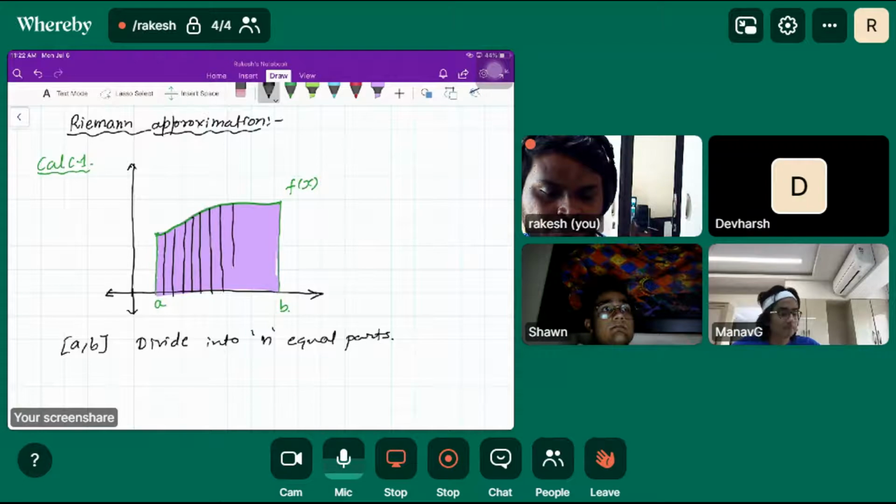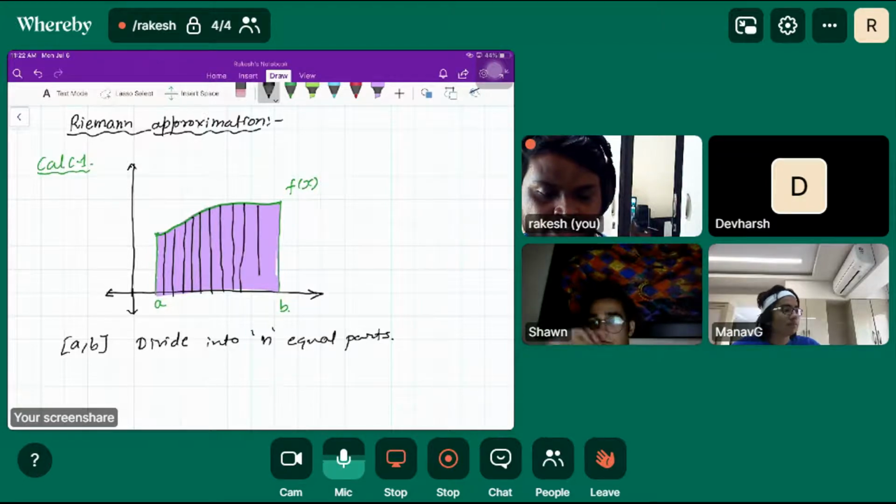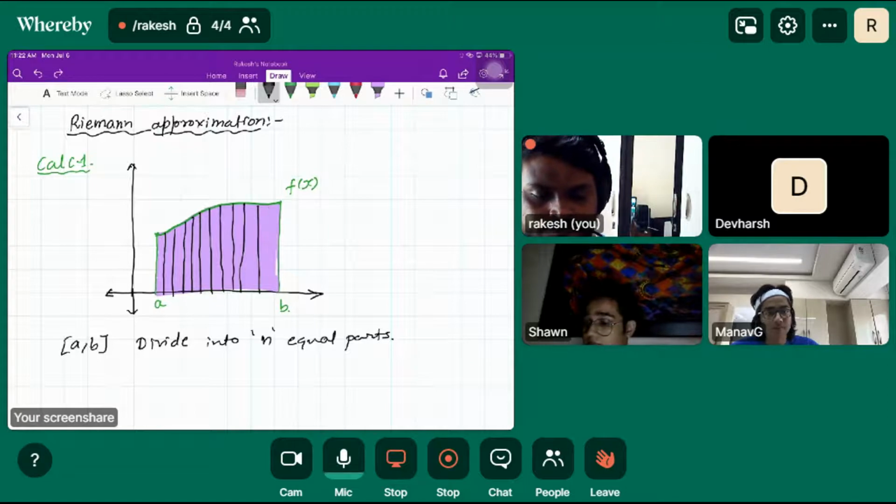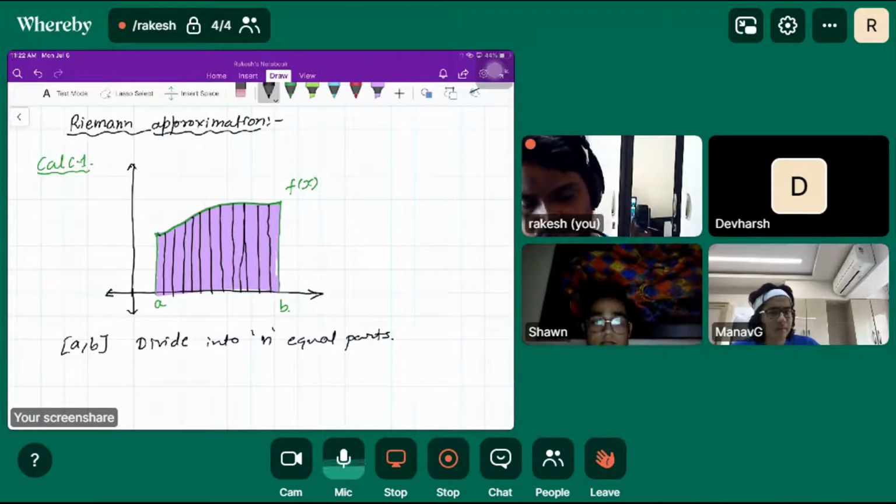Then we draw many rectangles like this. Are they rectangles? The top part will form something like a triangle or whatever. Yes, so we can connect like this so that we get an exact rectangle.